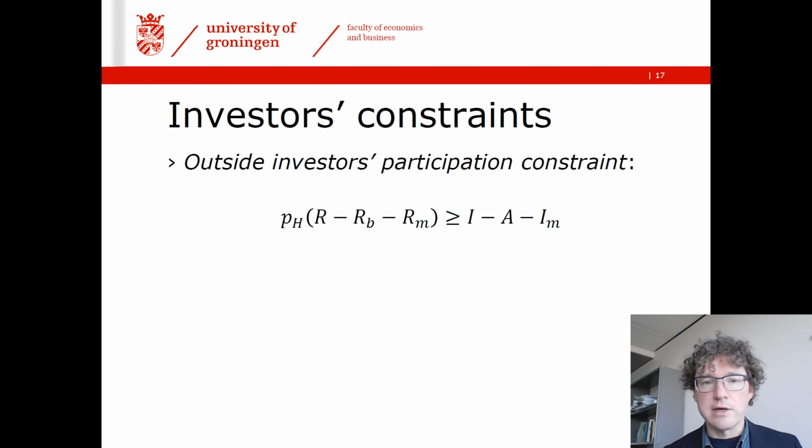So the investor, finally, the outside investor, had a participation constraint which takes into account that parts of the outcome share go to both the borrower and the monitor, and also that part of the project is financed by both these other players in the game.